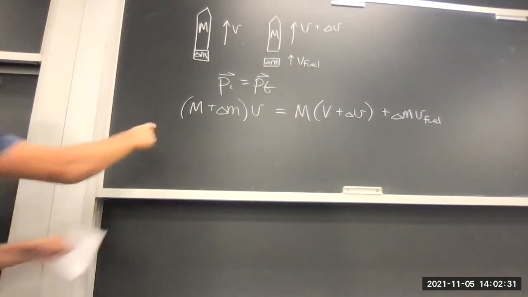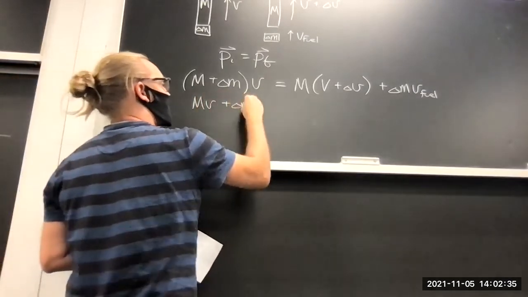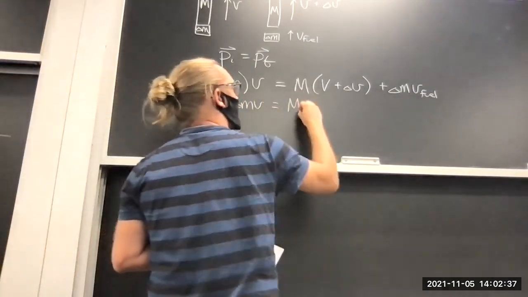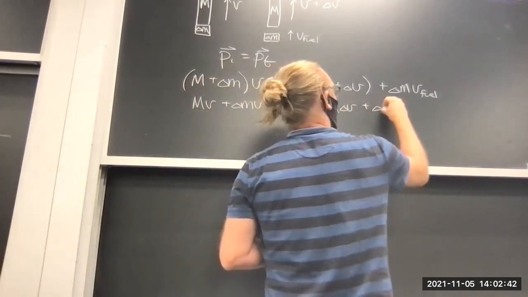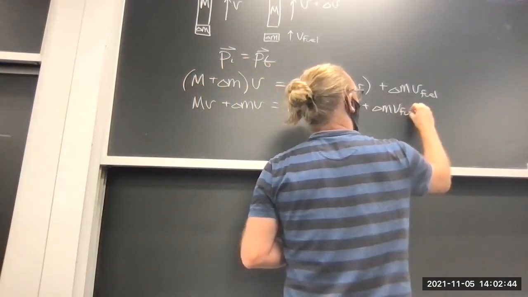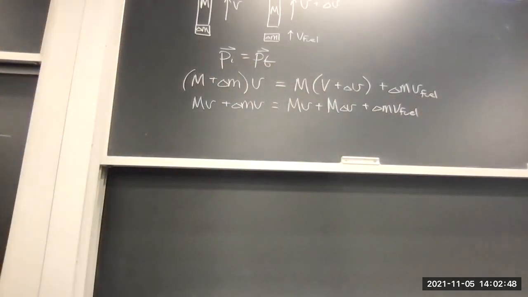Okay, we're going to then distribute these. So we get m times v plus delta m times v, m times v plus big M times delta v plus delta m v fuel. What can we do here? Good.